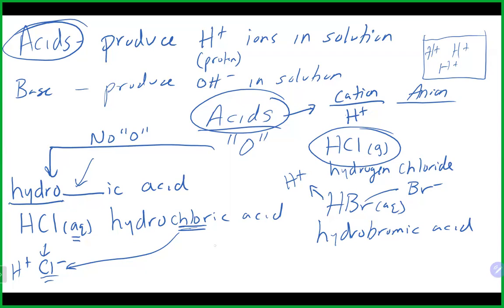For example, when we talk about HCl here, it is this hydrogen that comes off in solution that becomes H plus that starts floating around. That's what is released by HCl that makes it an acid. So again, if you have no oxygen, this is how you do it, hydro.